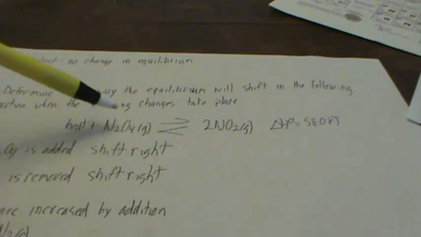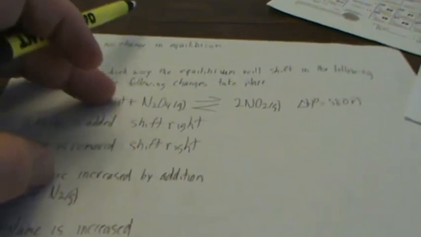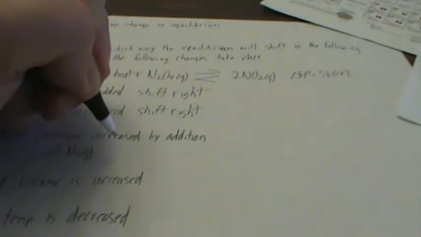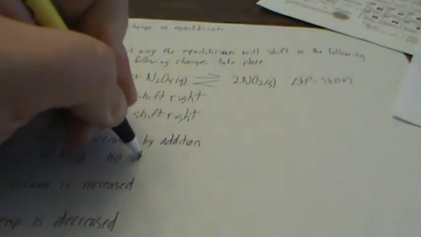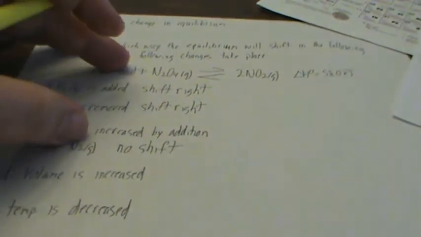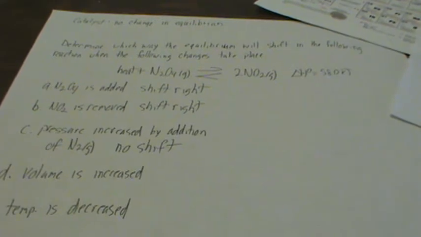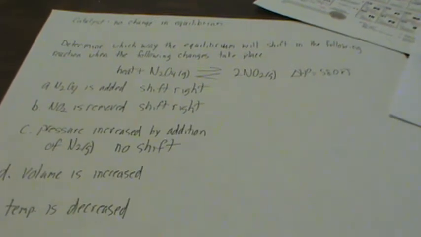It's an N2O4, but it's not by itself. So this is kind of like adding in a catalyst. We will have a no shift change for this one because nitrogen, just N2, is not part of the reaction.